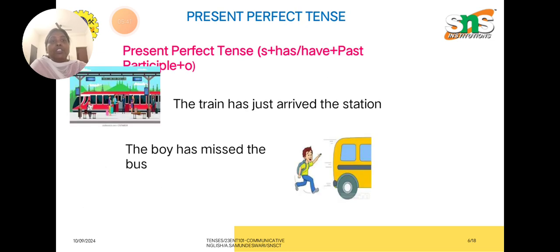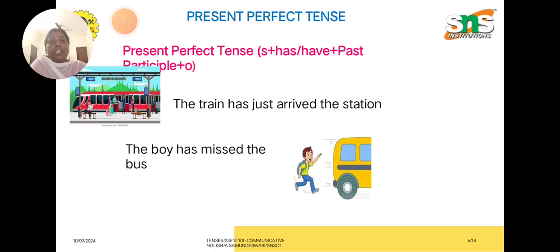Next, we are going to see the present perfect tense. Present perfect tense can be defined as the completeness of an action at the time of speaking. For instance, the train has just arrived at the Coimbatore junction. The train is available at the platform in Coimbatore right now.